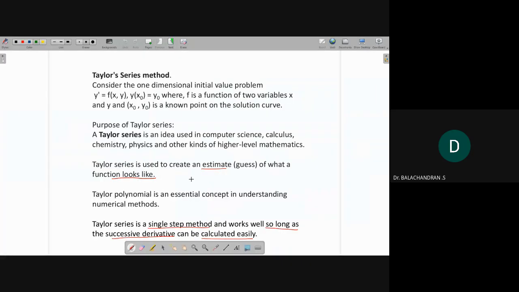So, in the previous class, we discussed numerical differentiation and numerical integration. Now, from this class, for at least four to five classes, we will discuss solving differential equations using numerical methods, and then solving partial differential equations by numerical methods.